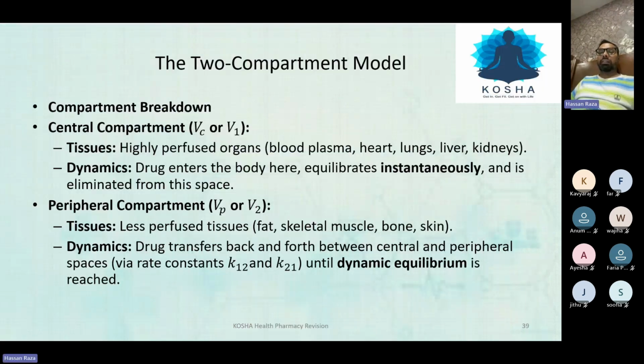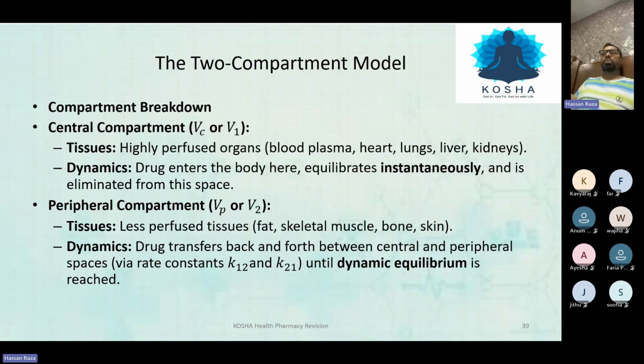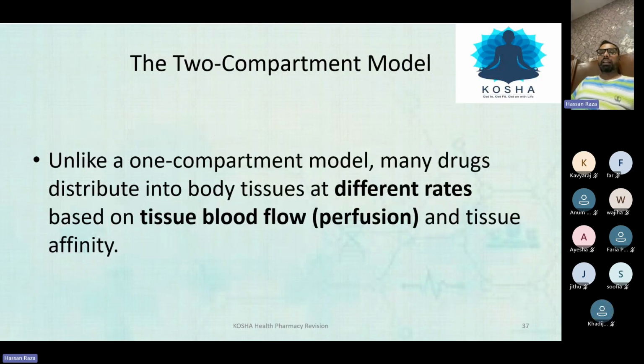So let me make it easy for you. All the drugs which do not have a significant distribution phase will follow a one compartment model, and all the drugs which have an extensive distribution phase will have a two compartment model. Unlike the one compartment model, many drugs distribute into body tissue at different rates.